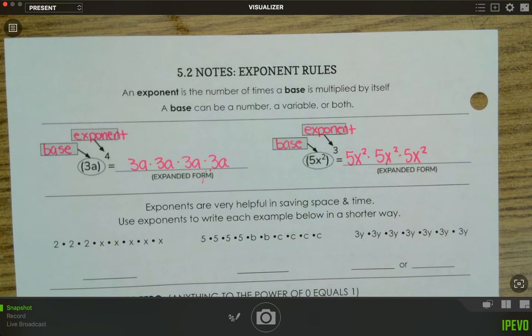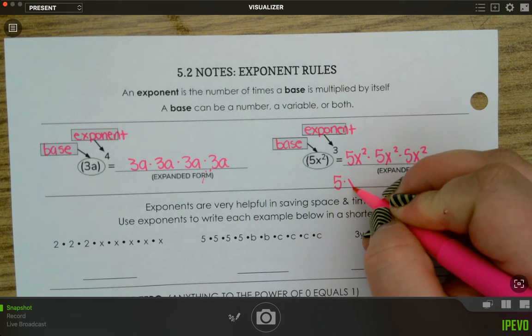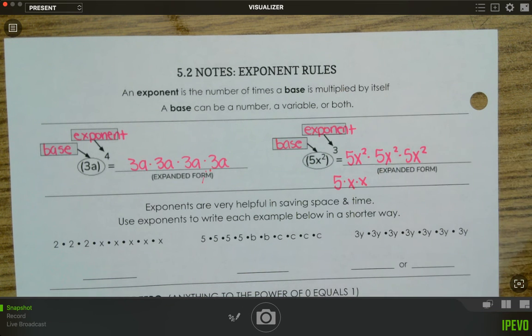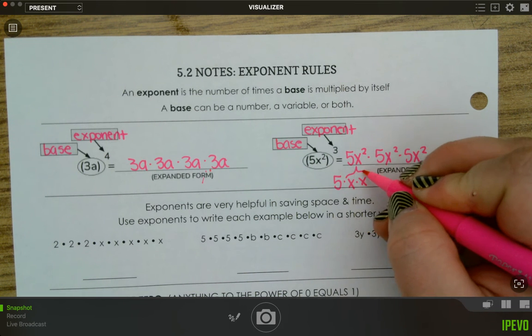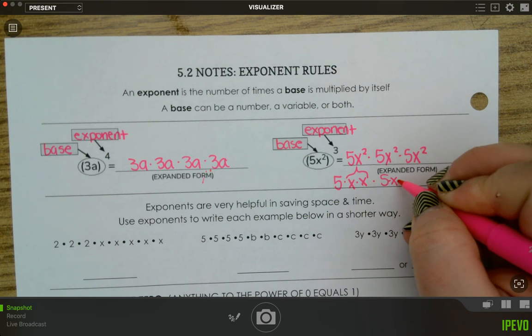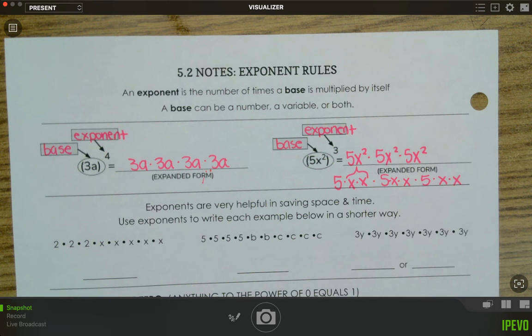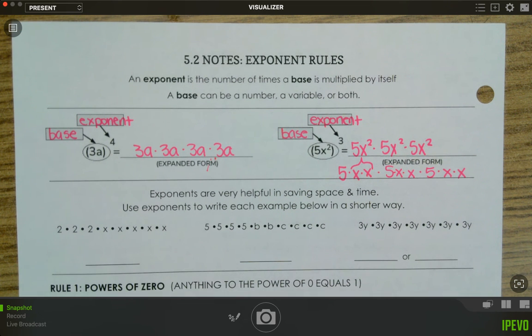Technically, though, if we wanted to write the most expanded version, each time we wrote x squared, we would actually just write it as x times x. Okay, so these are the same thing. And then I would do that 3 times. Okay, so that's expanded form.